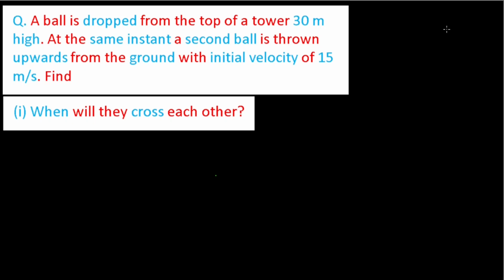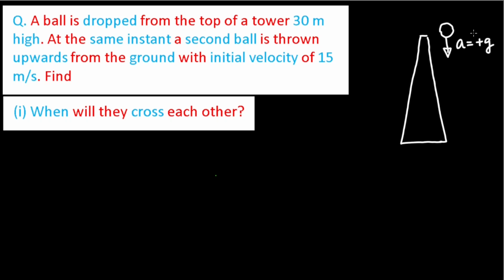Now this ball is dropped from the top of a tower. Suppose this is the tower. The ball is moving downwards, so its acceleration a will be plus g. Its initial velocity will be 0.